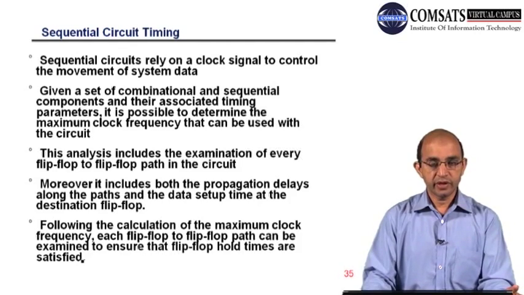On the basis of that analysis, we can calculate the maximum clock frequency, F max, or the minimum clock period, T min. What we normally do is calculate or analyze every path from one flip-flop to the other flip-flop, and on that basis we calculate the T min.